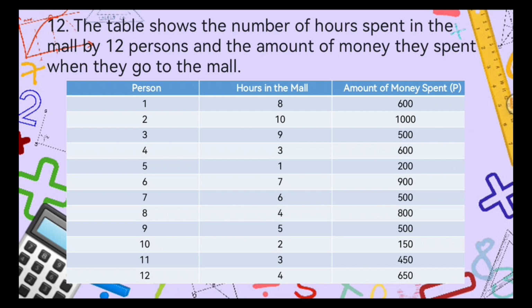Person 2 spent 10 hours in the mall, spending 1,000 pesos. Person 3 spent 9 hours in the mall and 500 pesos. Person 4 spent 3 hours in the mall and 600 pesos. Person 5 spent 1 hour and 200 pesos.